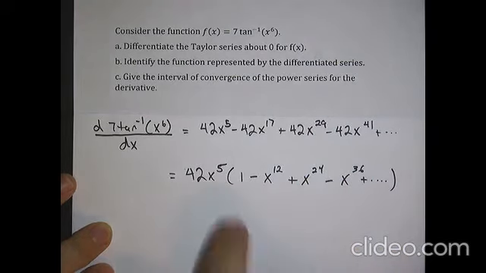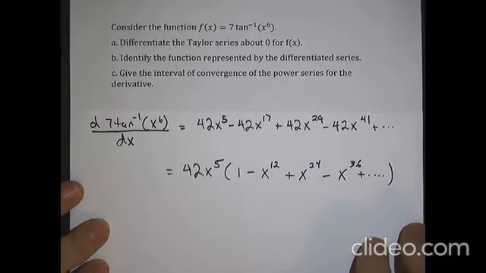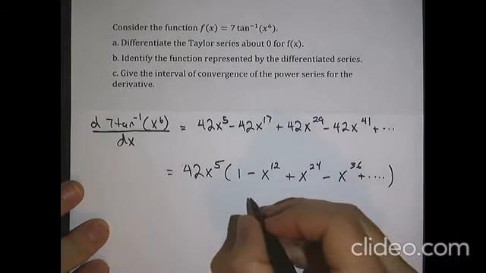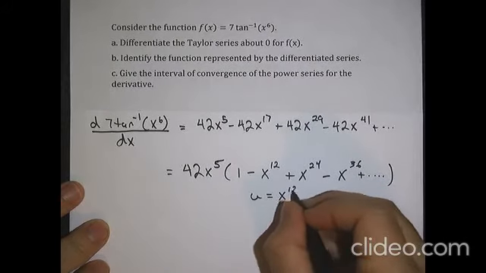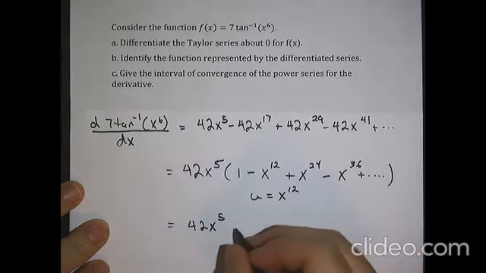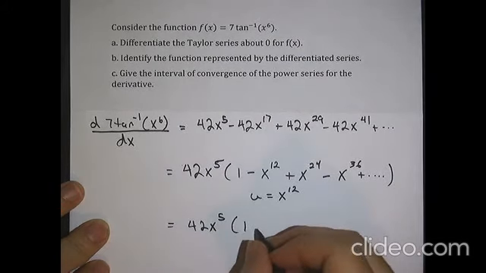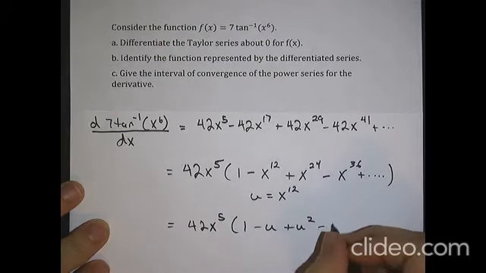Okay, now this might look familiar to you. This may look like the geometric series that we were doing earlier. Let's say u is equal to x to the 12th. So we'll get 42x to the 5th times 1 minus u plus u squared minus u cubed plus dot, dot, dot, right?